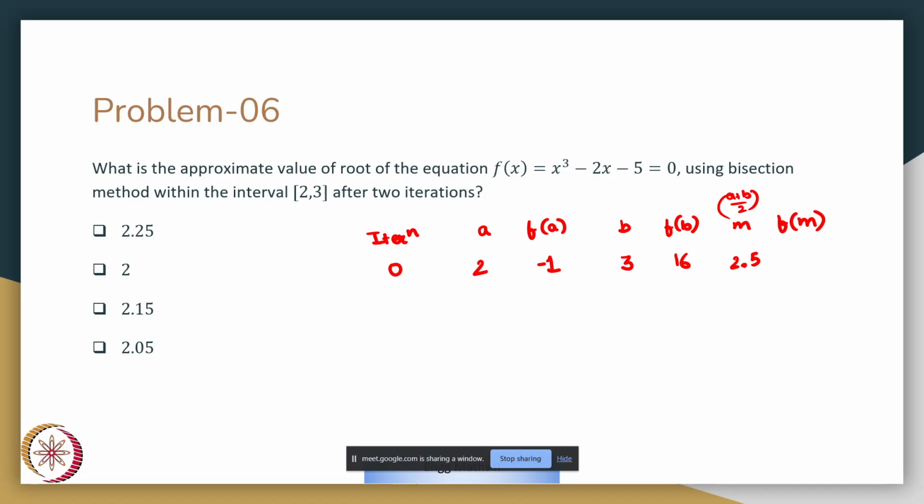Now before we move further, we can note a couple of things. Firstly, regarding the function f(x) and the bounds a and b, we have the condition f(a) into f(b) is less than 0, and f(x) is continuous in the interval a to b.